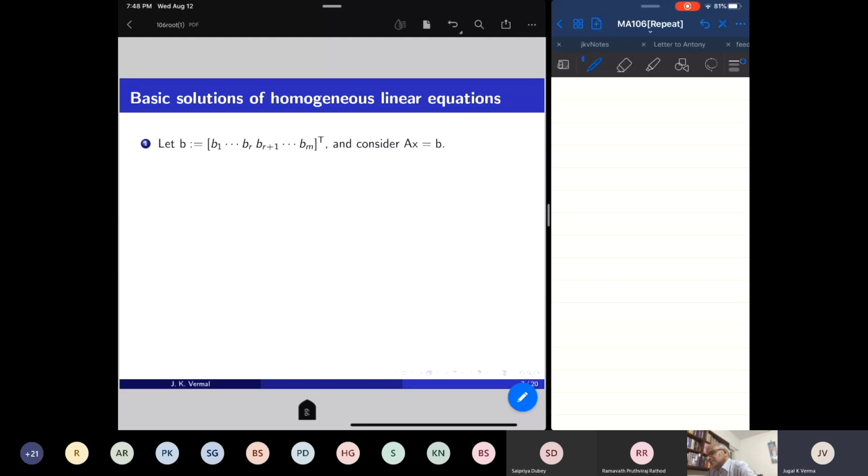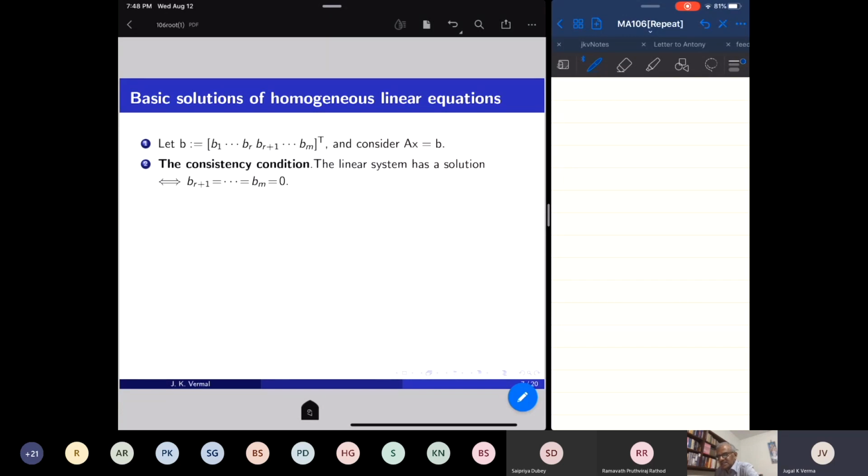So we consider Ax = b. This is the consistency condition: the first r rows of the coefficient matrix in row echelon form are the non-zero rows. The remaining rows are 0 rows, and so b(r+1), b(r+2), ..., bm must be 0. Then only does the system have a solution, if and only if.